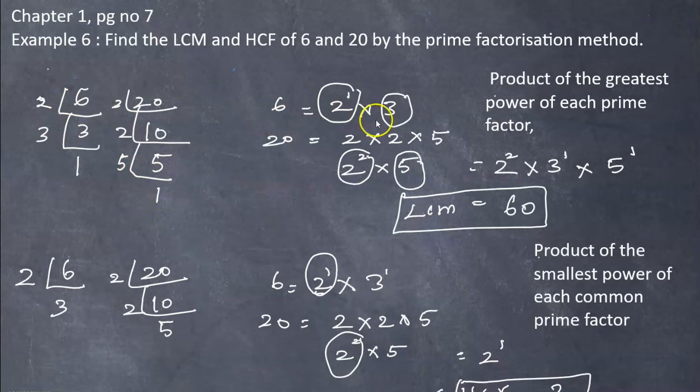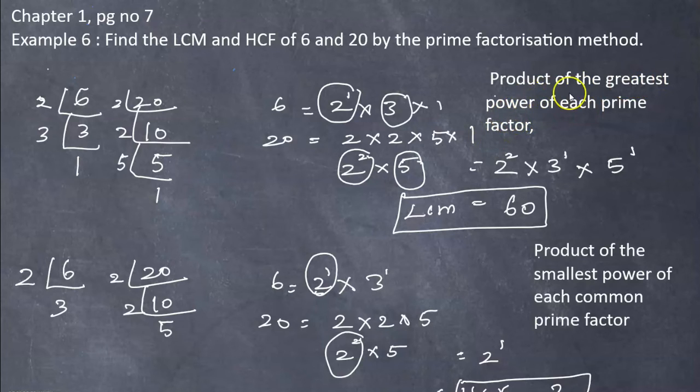Then we have to write all the factors. So for 6 it is 2 into 3 into 1, and for 20 it is 2 into 2 into 5 into 1. Whenever you get like this, you form it in terms of power. So 2 power 2 into 5, and the product, this is the important step: the product of the greatest power of each prime factor.